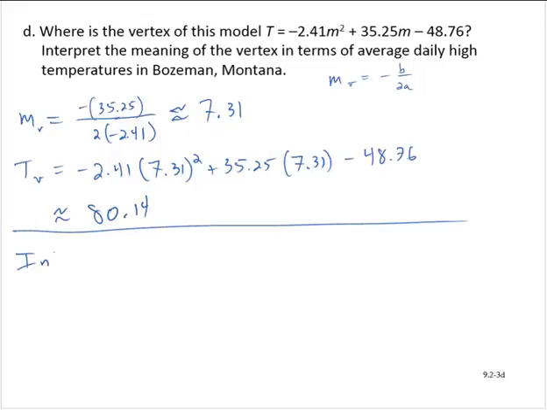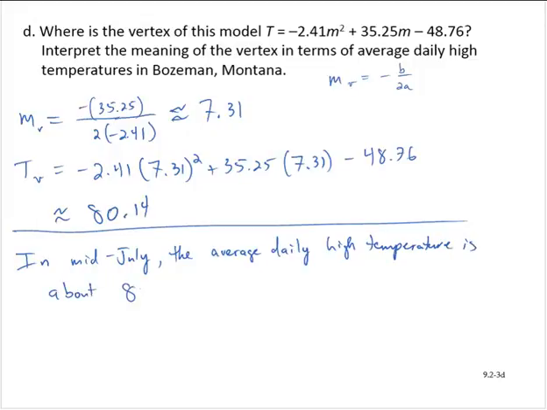In month 7.31, that's July, so let's say about mid-July, the average daily high temperature is about 80.14 degrees Fahrenheit.